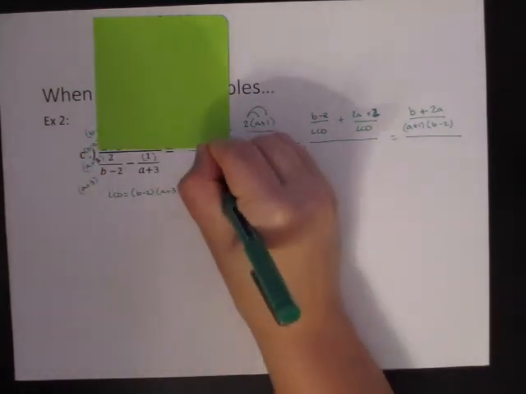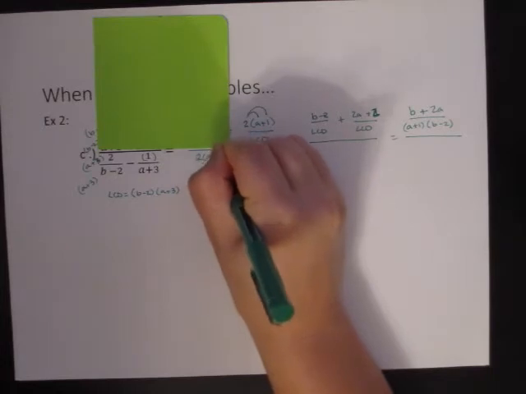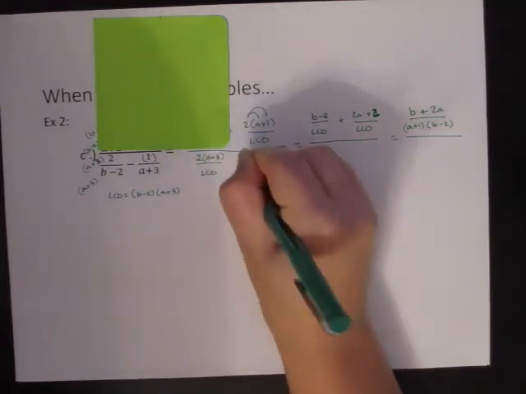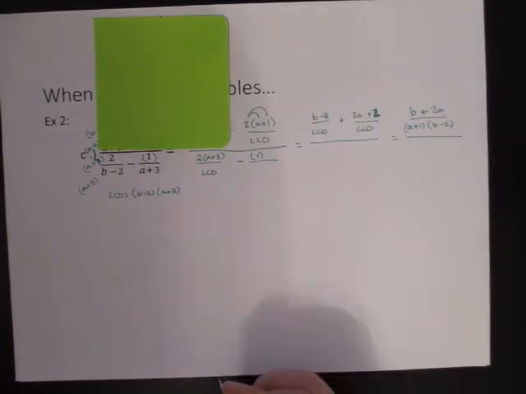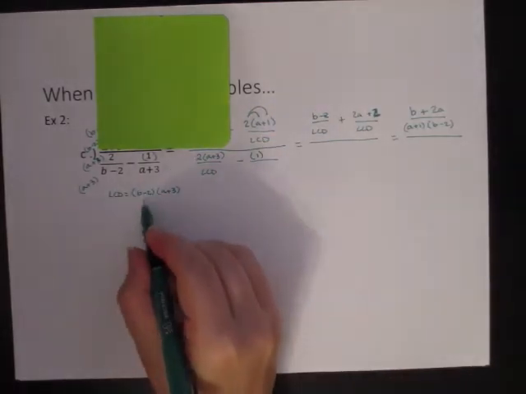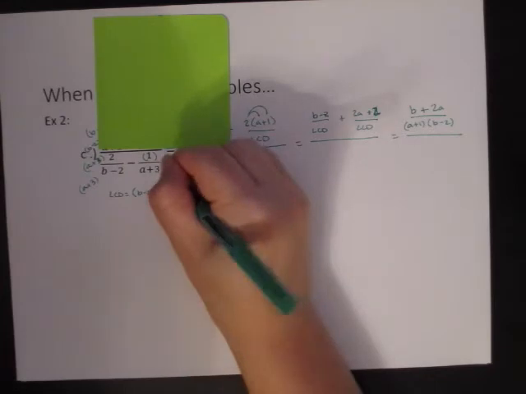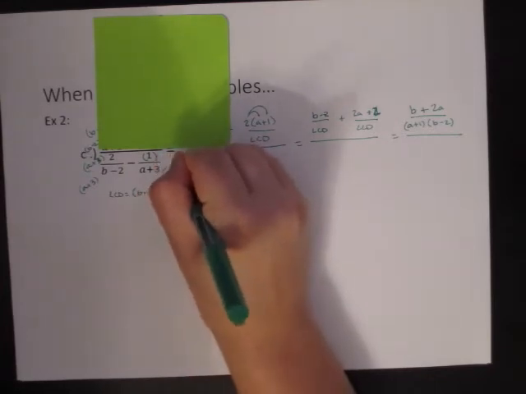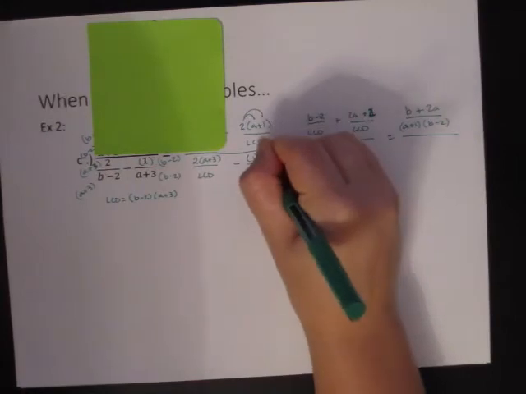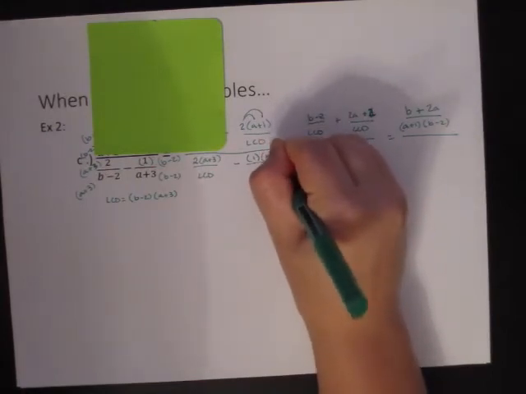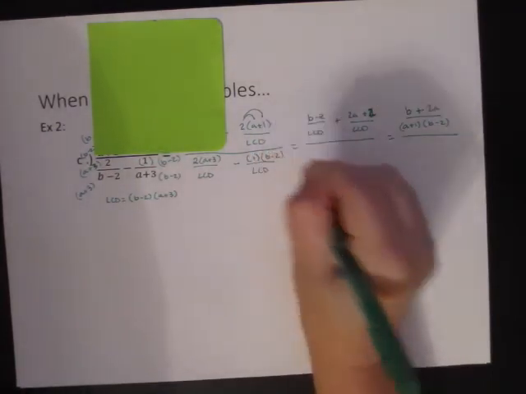So essentially I've got 2 times a plus 3 over LCD minus 1 in parentheses. And I compare my second denominator to my LCD, and I see that I'm missing the b minus 2. So I'm going to multiply that by the b minus 2 over LCD.